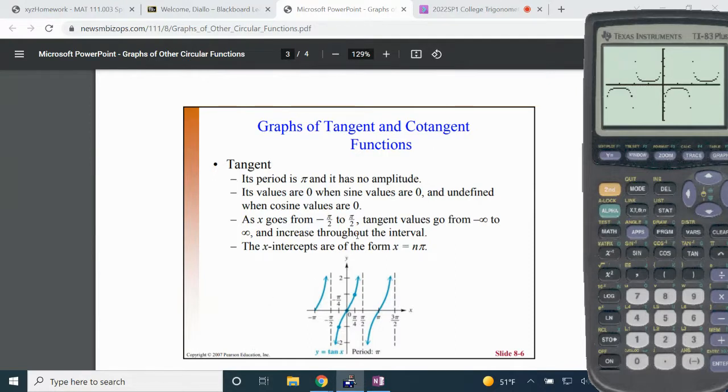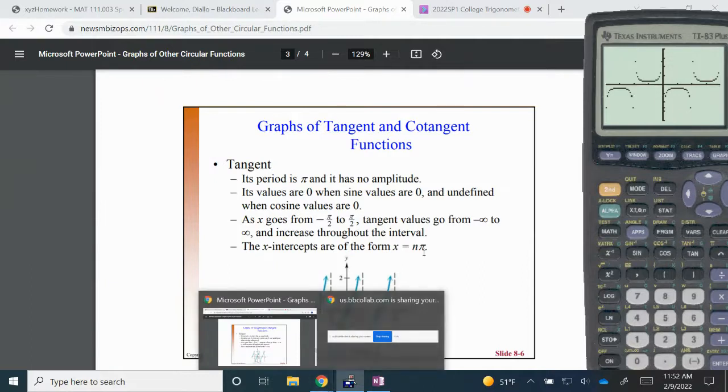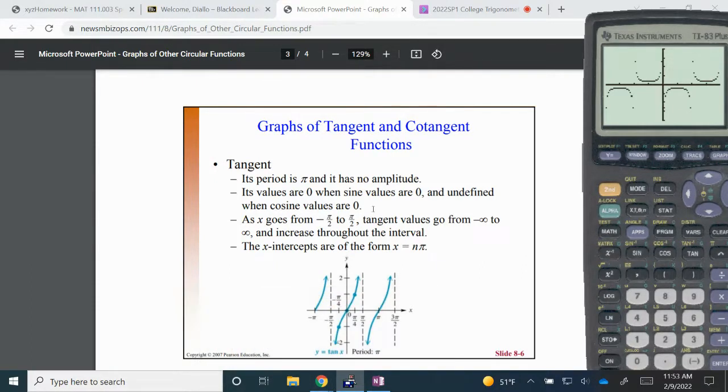And it's increasing without bound, right? These arrowheads let you know that this thing keeps going up. And then this down arrowhead lets you know that it keeps going down, right? So there is no amplitude or maximum height. Its values are 0 when the sine values are 0, and it's undefined when the cosine value is 0.